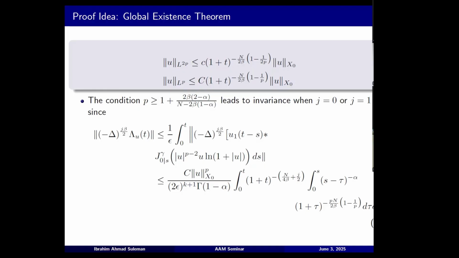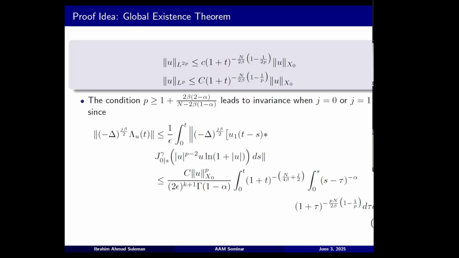The term (1 plus tau) raised to the power minus pn over 2 beta times (1 minus 1 over p) is coming from how we handle the fractional integral. Because at first, from the first inequality, you put the fractional integral in L2 intersection L1. Now, since it's an integral, we can extract the integral from 0 to s and the singular kernel out. So we are left with u to the power and u ln.